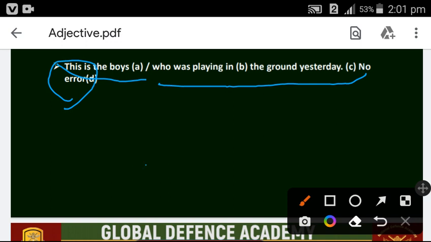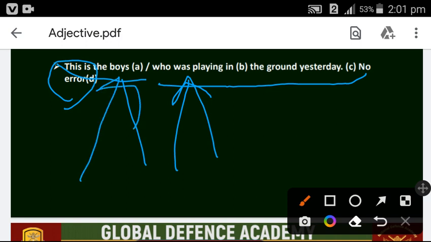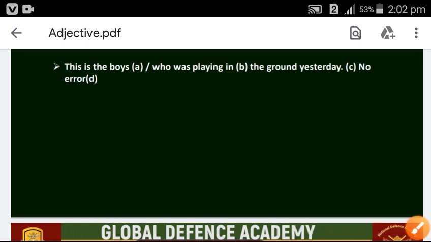Here the verb is singular, but the noun is not singular. The noun is plural. So to correct this sentence, you have to remove s from the word boys, and hence the correct sentence is: this is the boy who was playing in the ground yesterday.